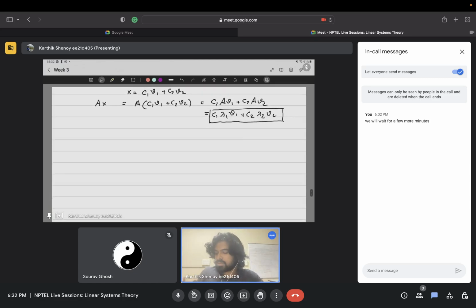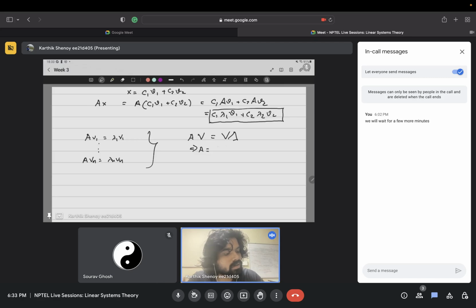Now if you have A V1 equal to lambda 1 V1, etc., A Vn equal to lambda n Vn, you can club this and write A times V is some lambda times V, correct. It's not lambda times V, it's V times lambda.